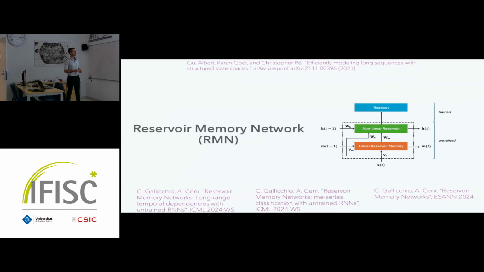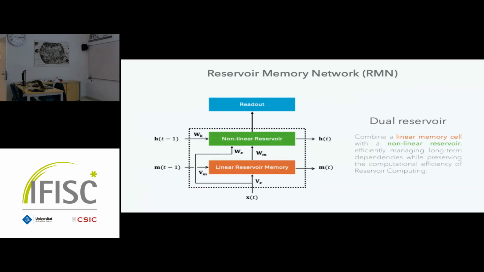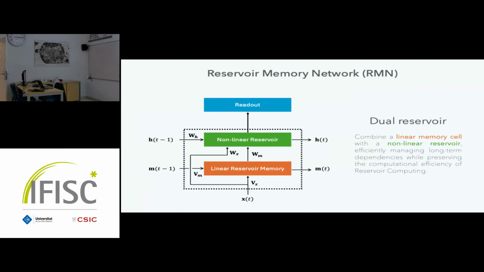Okay, so what we're trying to do is leverage these ideas, but from the reservoir computing perspective, right? So this is the first thing that we came out with, called the reservoir memory network, that we have presented in a few venues right now. The basic idea here is that we want to have a modular organization, right?